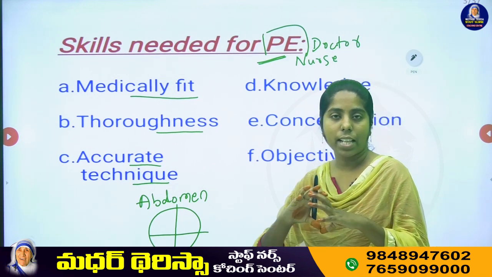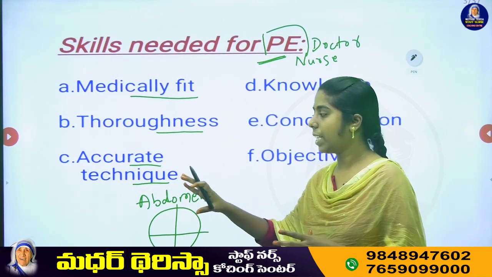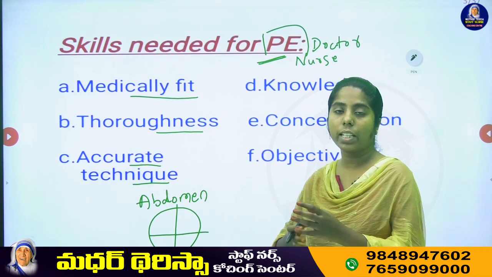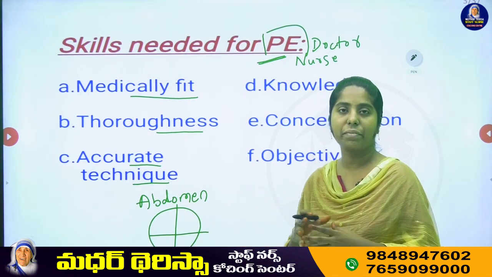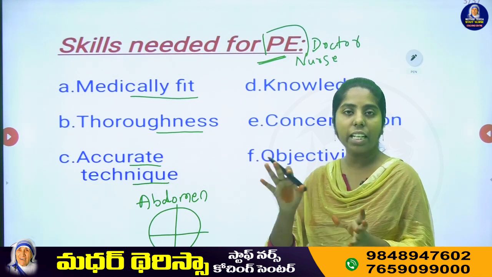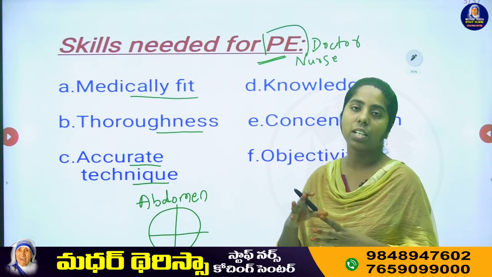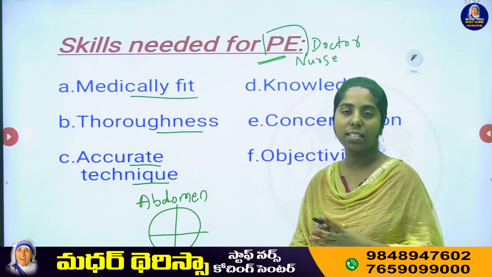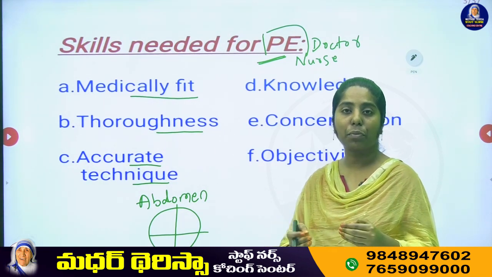If there is no basic knowledge regarding a particular content, we cannot effectively perform the physical examination. Not only a physical examination, for any work, thorough knowledge, accuracy and a proper grip on that particular topic is definitely necessary. Then you can easily perform.